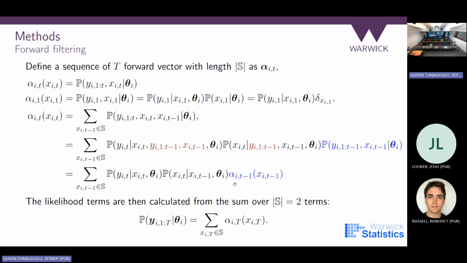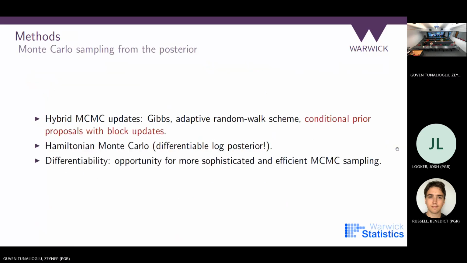And then you have this, which is this by the definition of this. And then you have this being the emission probability, this being the transition probability of the Markov chain. And then you arrive here.